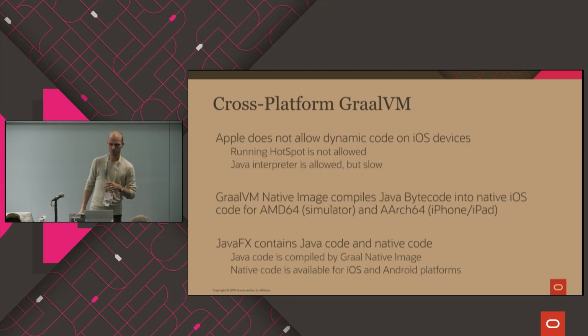One of the problems that we had before was that Apple doesn't allow creating and running dynamic code on their mobile devices. So you can't actually run a just-in-time compiler. And here's where the split that we have between AOT compiling things, just-in-time compiling things, and profiling things comes in really handy.